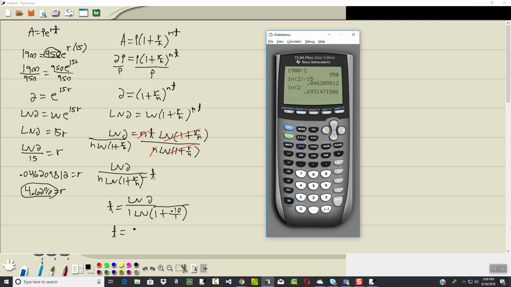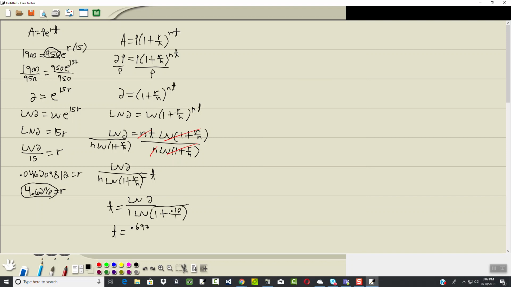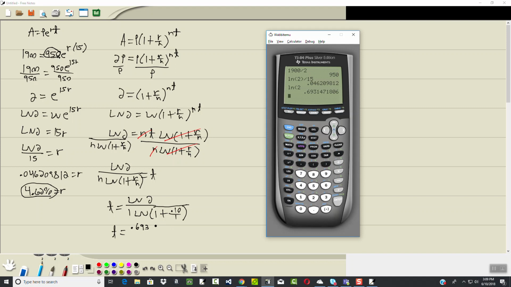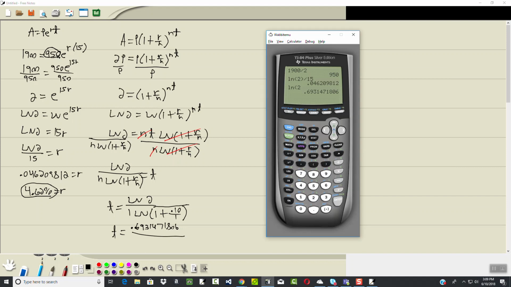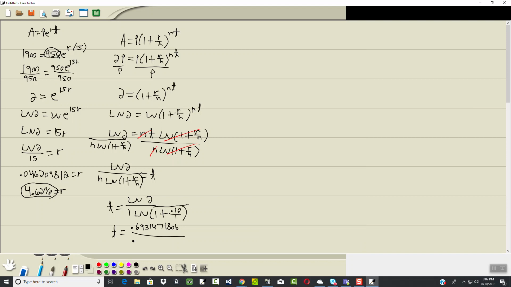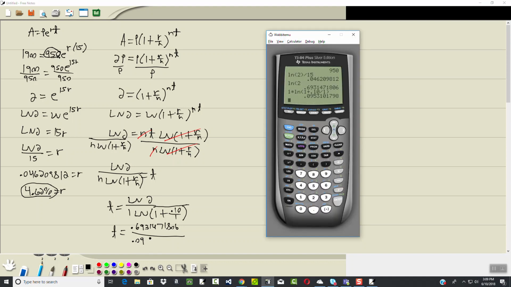Natural log of 2, 0.693147 1806. And then the bottom part, 1 times, and I know 1 doesn't actually do anything, natural log of 1 plus 0.10 divided by 1, closing parentheses, and then press enter. 0.0953 1798.